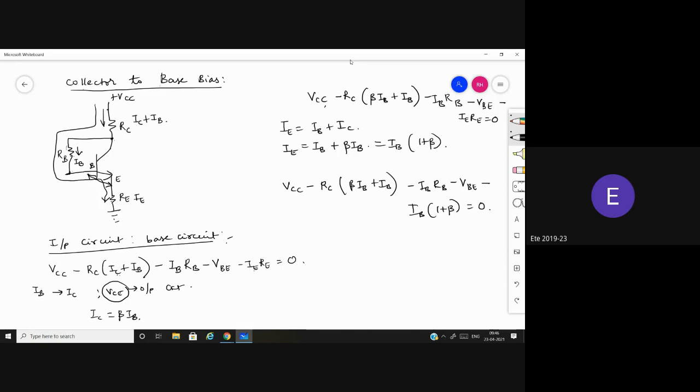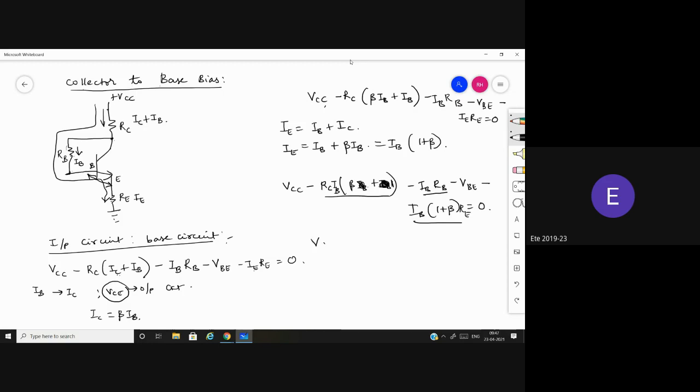Since our main intention is to find IB, we can take IB common in these terms. So it becomes (1 plus beta) when I take IB common in this. Wherever there are these three terms, we are going to take IB common.